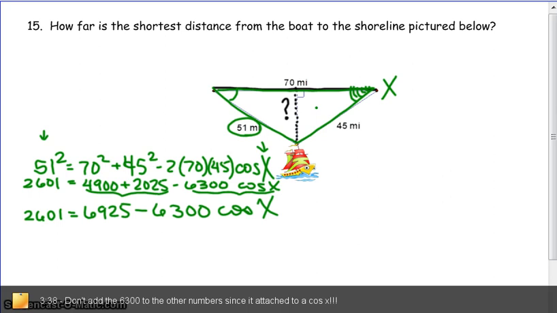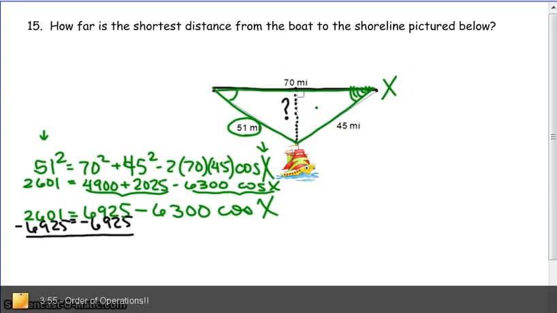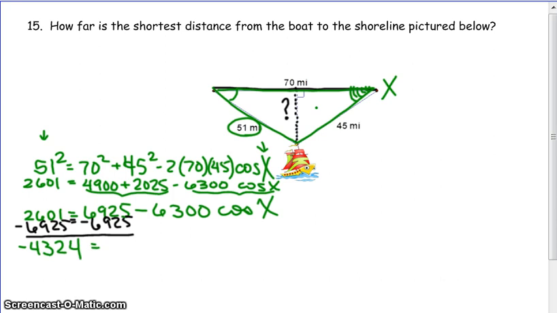So what seems to make sense to do next? Well, I would subtract 6925 from both sides of the equal sign. Subtract from both sides of the equal sign, and you'll end up, yeah, it's going to come out negative, but that's okay. Negative 4324.